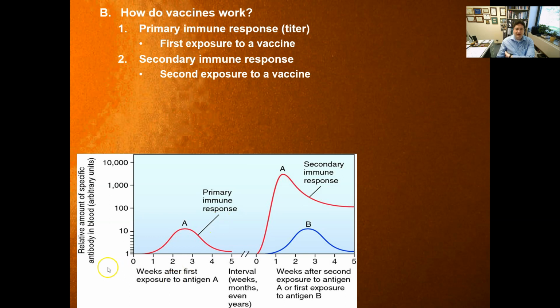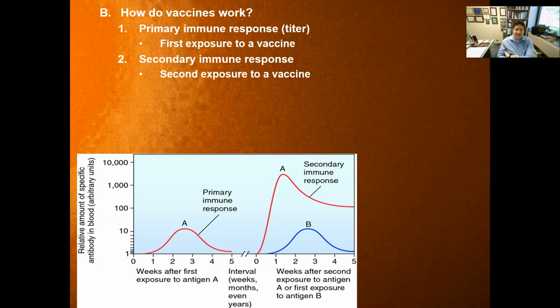Now you can see here, this y-axis is tracking the relative concentration of antibody in the system. What happens is if you get a disease or are given a vaccine, your immune system kicks into gear, and one of the things your immune system makes are little proteins called antibodies. We talked about these a little bit in a previous chapter.